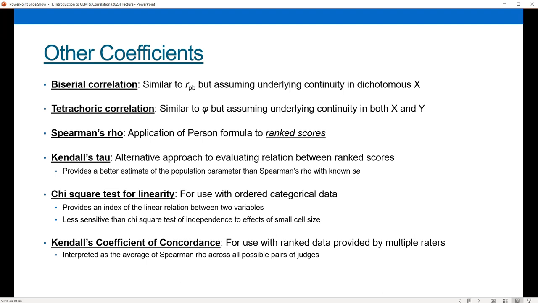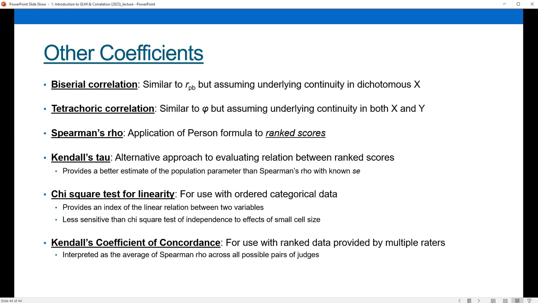Okay, Spearman's rho. This is a version of a Pearson formula applied to ranked scores. If my data aren't truly continuous, if it's an ordinal ranked score where people are ranked 1, 2, 3, 4, 5, 6, what we're looking at is changing this over and using a rho. Kendall's tau is a different way to look at associations between ranked scores.